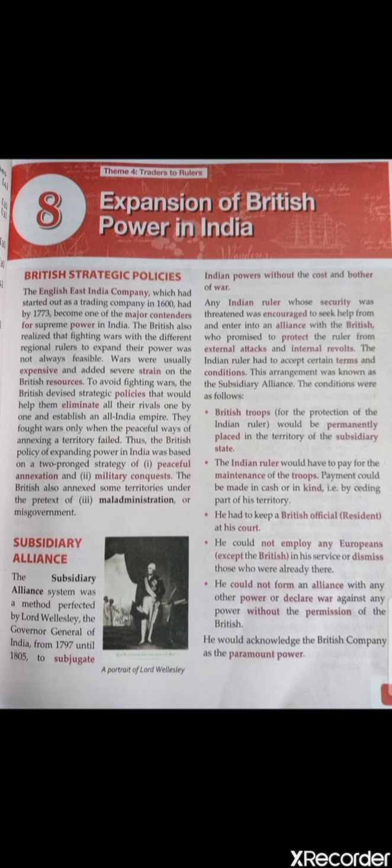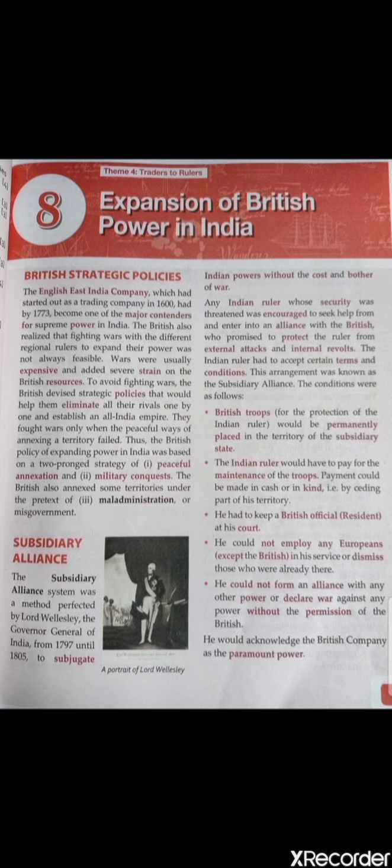Victory at the Battle of Plassey brought the English East India Company total control over Bengal, Bihar and Orissa. It also became the undisputed power in northern India after the Battle of Buxar.